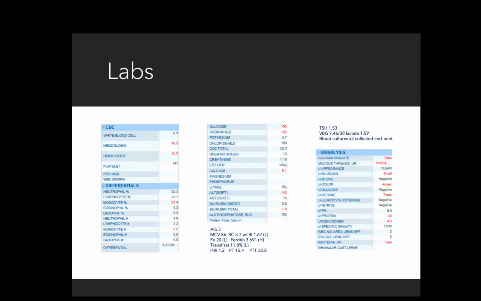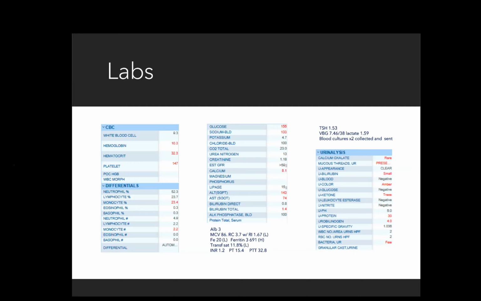With regards to the labs, the initial labs that the ED sent was a CBC. And the CBC, you can see it was a normocytic anemia. White blood cell count of 9.3 and platelets of 147. The CMP: sodium 133, potassium 4.7, creatinine 1.18.